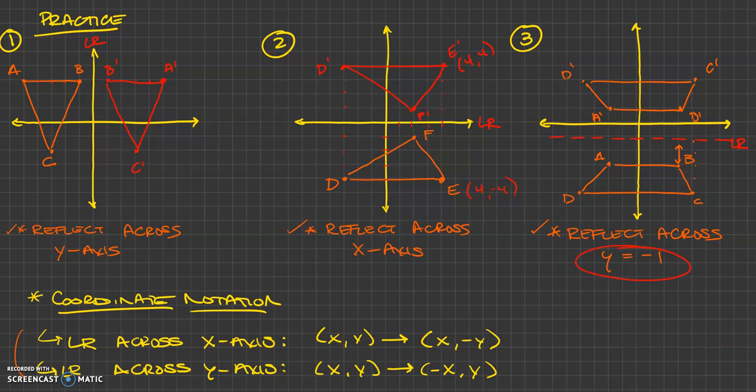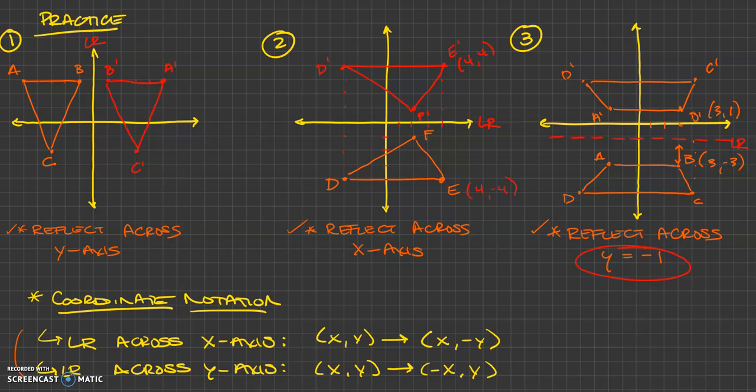Let me illustrate that really quick. B is, let's see, 3 in the x, and looks like negative 3 in the y. But I can't just change it, because B prime is going to be 3 in the x, but it's 1 in the y-axis. So you'll notice that I can't just change it.